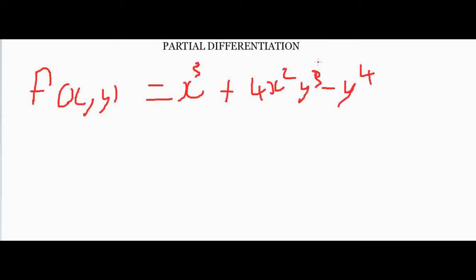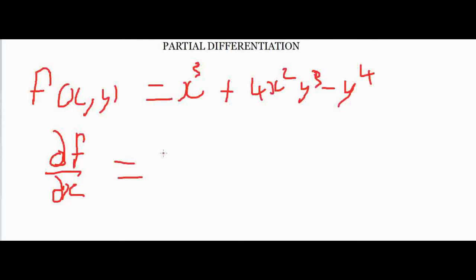Now again, we're going to find the partial derivative with respect to x and the partial derivative with respect to y. And the way we would write this, for the partial derivative of x, we would write it like this: ∂f/∂x. So what we will do here, we will find the derivative of f with respect to x while keeping y as a constant.